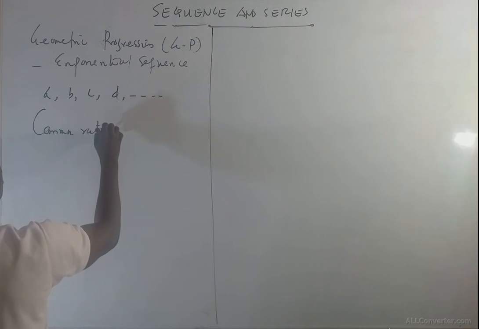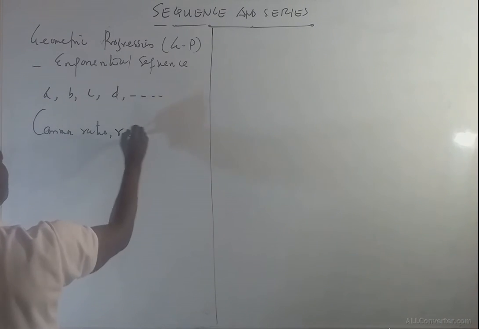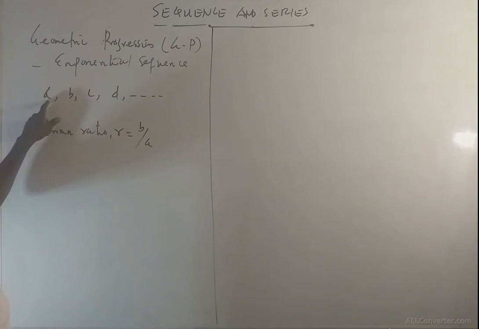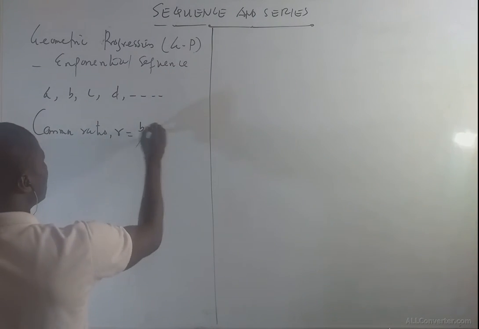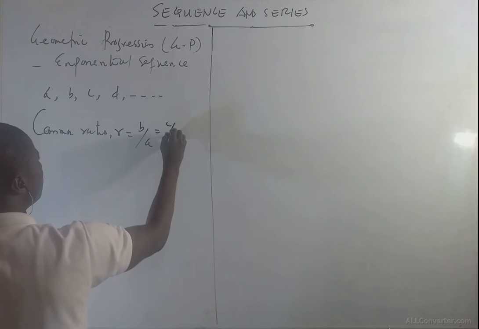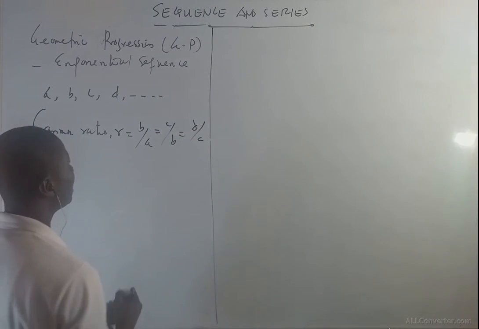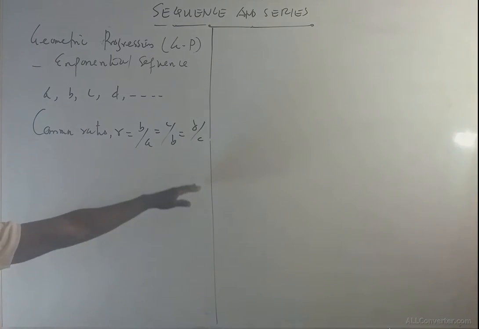The common ratio R will be B over A, that's the second element divided by the first element, or the third by the second, that is C over B, or the fourth by the third, that is D over C. So that is how we find the common ratio of an exponential sequence.